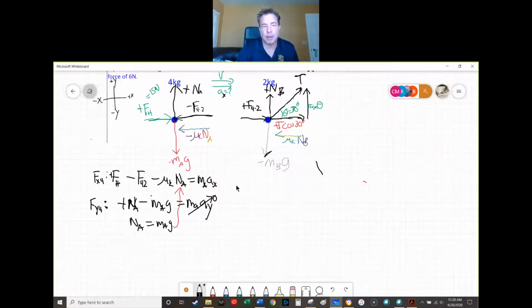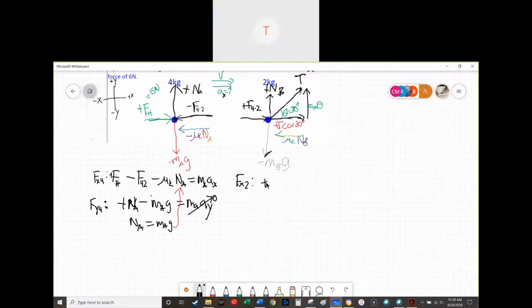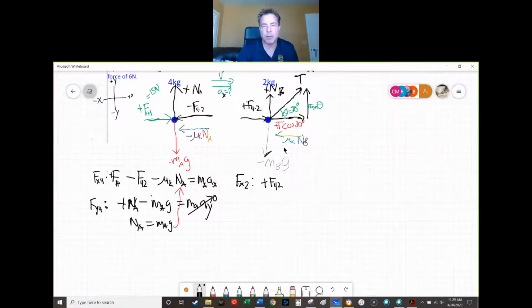Okay. So what we're going to do is sum the forces in the x direction on the 2 kilogram block, or block B. So let's go ahead and try to do it here. It looks like the 4-2 contact force is pointed to the right. And we've got a T cosine of 30 degrees pointed to the right.